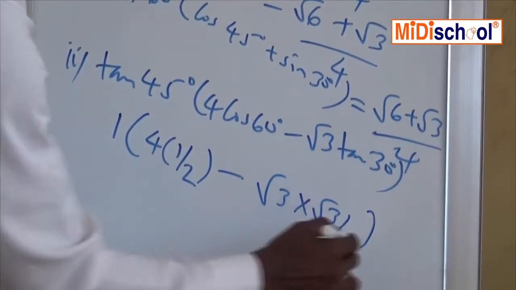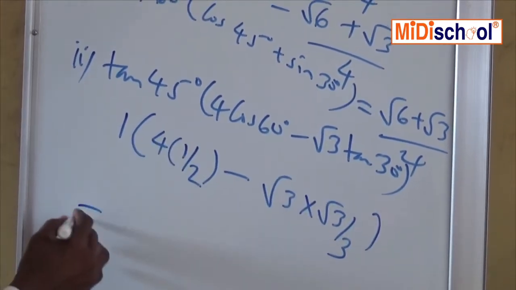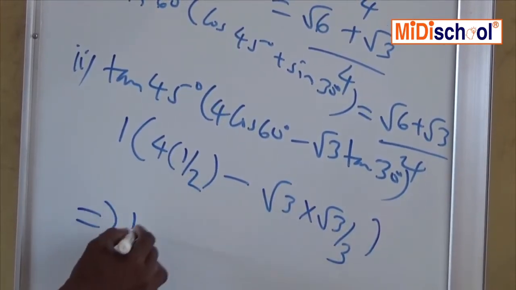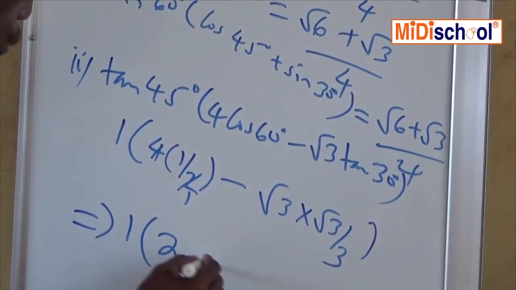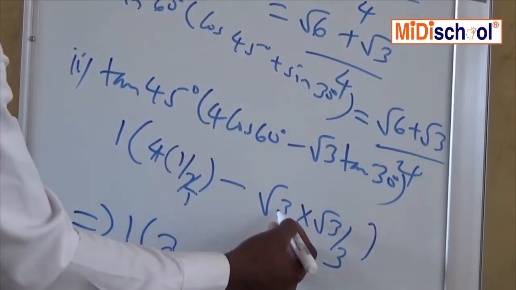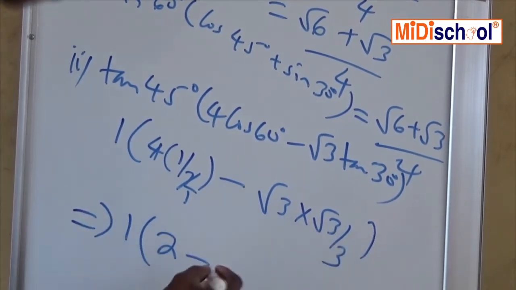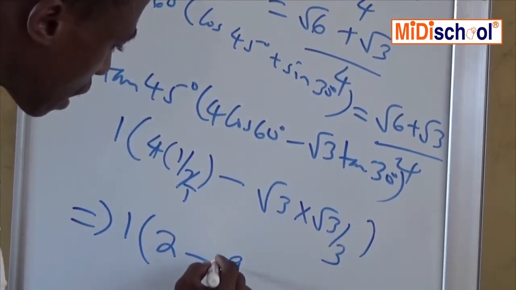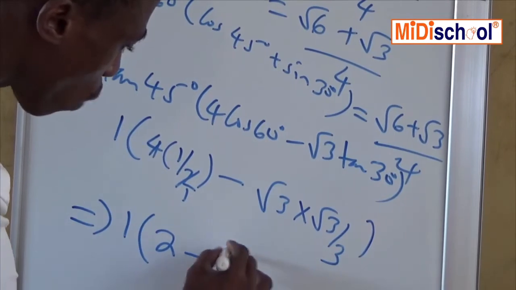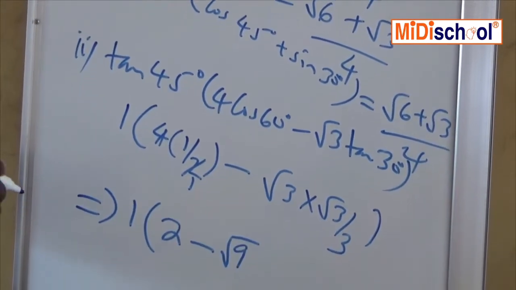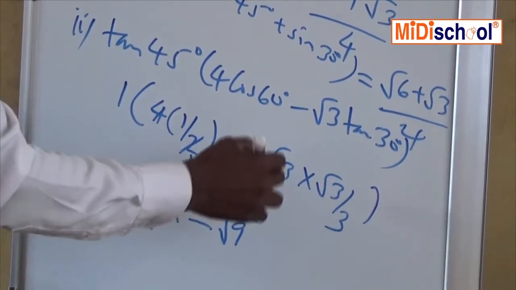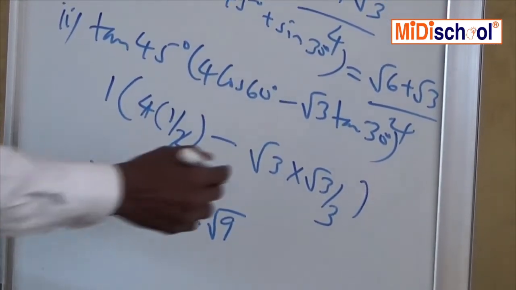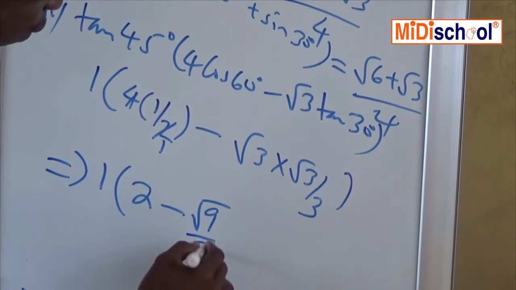Right there. So what does this mean? This implies that 4 times a half is 2, so we remain with 2 minus. Now this is square root of 3 times square root of 3, which is the square root of 9, because it is 3 times 3 under one radical, but it is over 3.